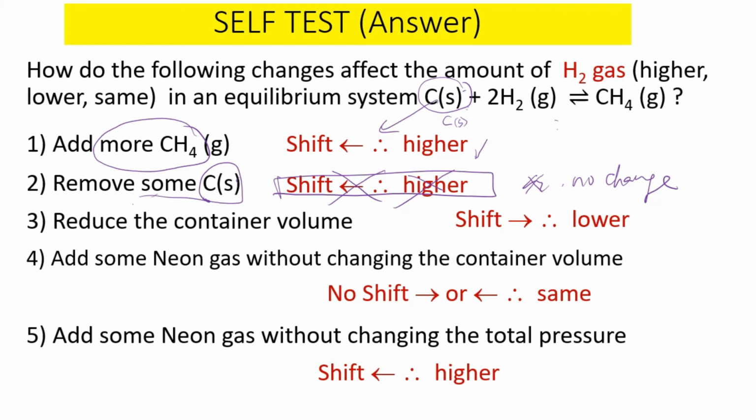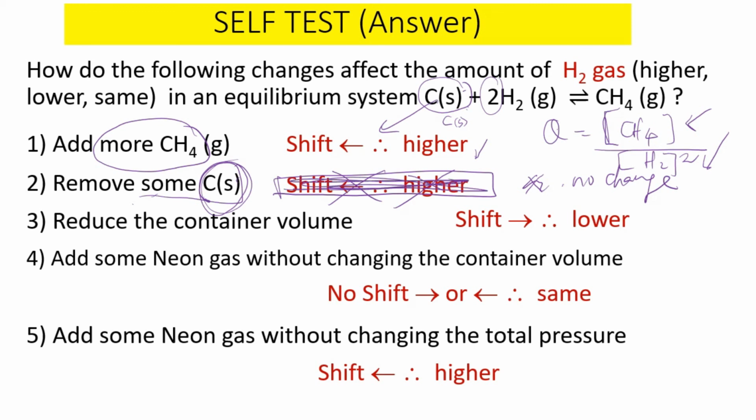If you look at the Q, it is the product concentrations divided by the reactant concentrations raised to the coefficients. So if you remove carbon, which is not included in the expression, nothing will happen.